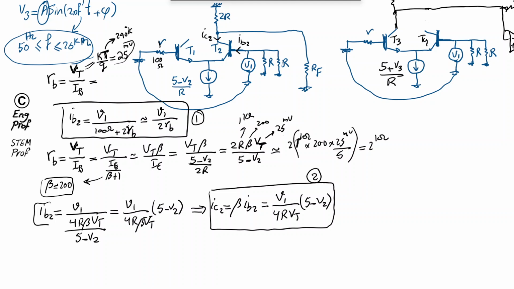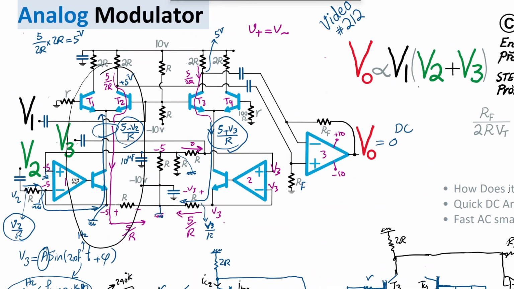So with the same argument, we can apply exactly the same analysis to this one here as well. So we did it for this portion of the circuit, which means for the first core of the Gilbert cell.